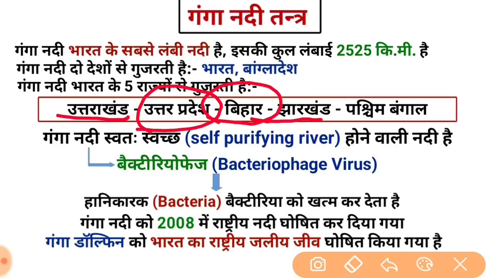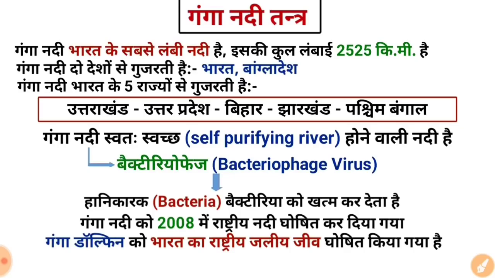But remember, the Ganga river passes through some parts of Jharkhand also, and after that it goes to West Bengal, and after West Bengal it enters Bangladesh. After Bangladesh, it falls into the Bay of Bengal. So the 5 states in India are Uttarakhand, Uttar Pradesh, Bihar, Jharkhand and West Bengal. Later we will also see it on the map, but for now you remember.